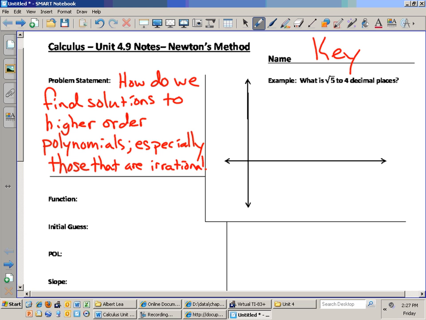So if we have a function that has an irrational solution, how do we find it?